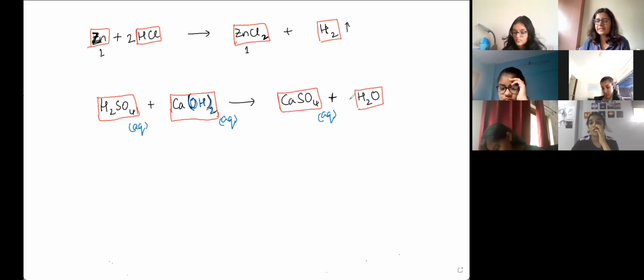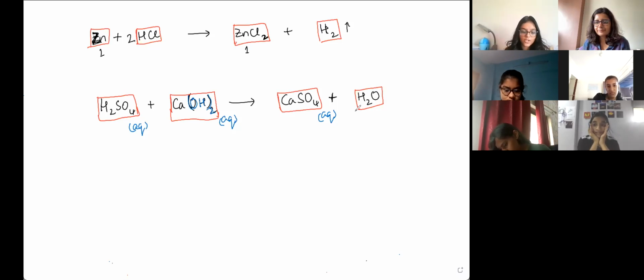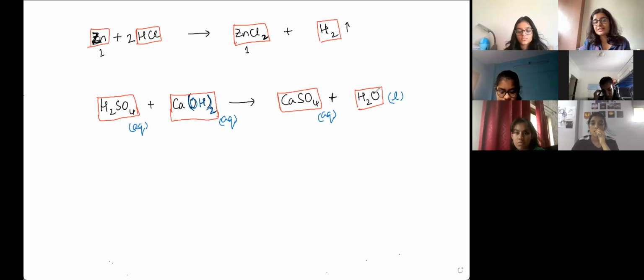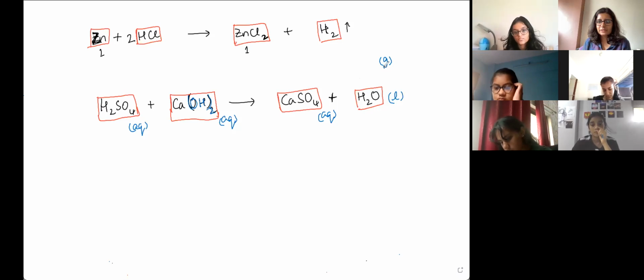What is the physical state of water? This is more of a common sense thing. What is it at room temperature? Liquid, unless and until it is specified. Like in that iron reaction, it said that iron reacts with steam. It's not reacting with normal liquid water, it's reacting with steam. So at that time you use gas as the physical state. If it is a precipitate, it's coming out in solid form, not dissolved anymore.